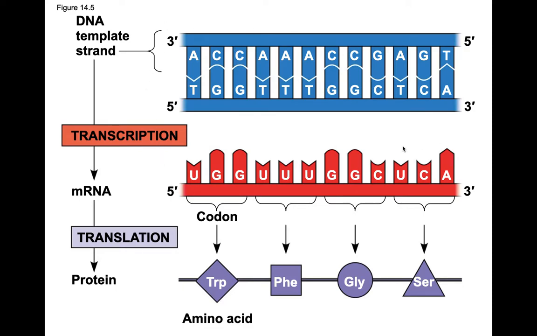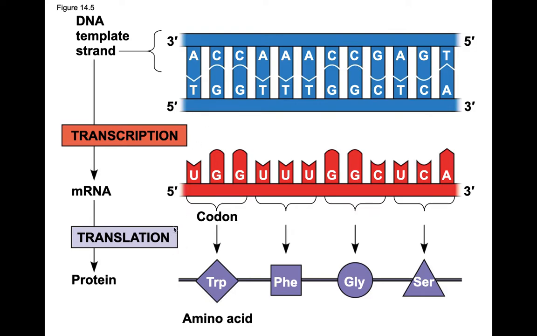The only thing that's new in this process is that we're going to be making a single strand of nucleotides, not a double strand, and that we are going to be replacing the nucleotide thymine with the nucleotide uracil. G's still go with C's, A's will still code for U's, et cetera.